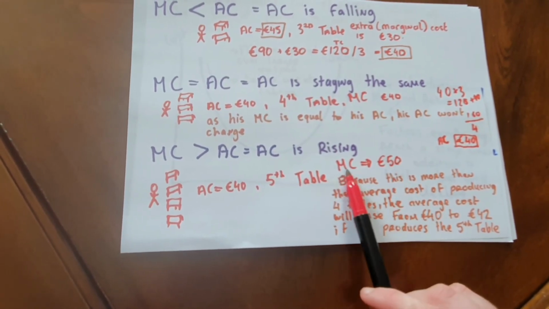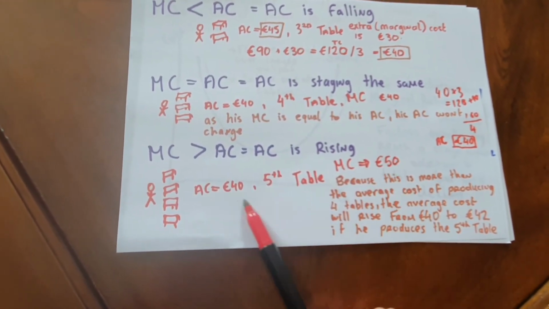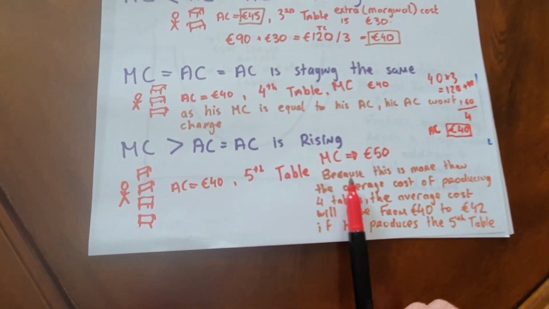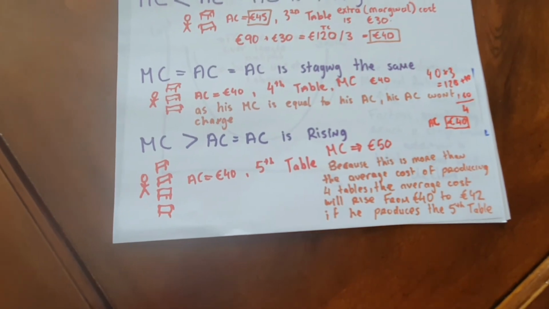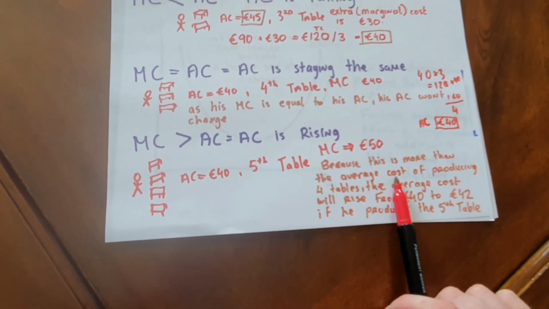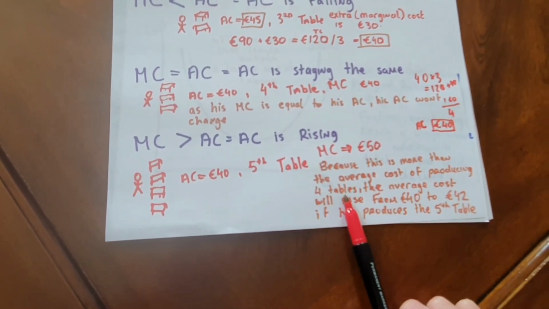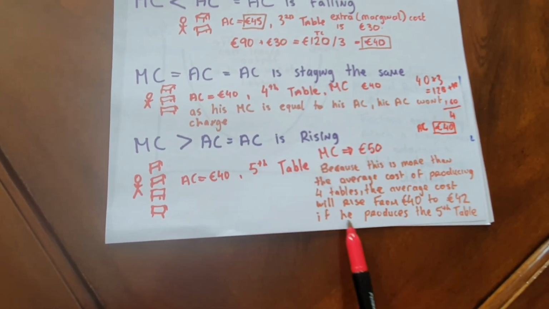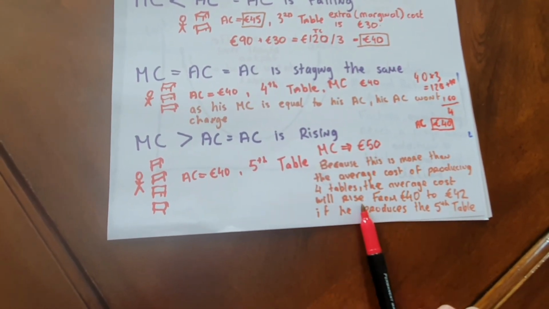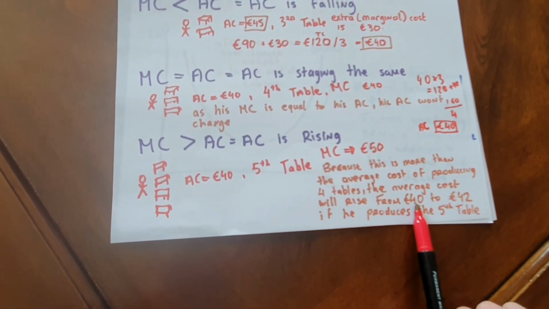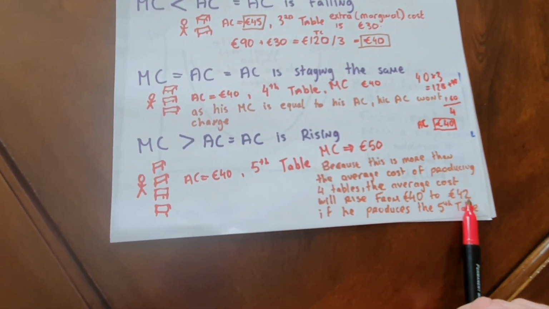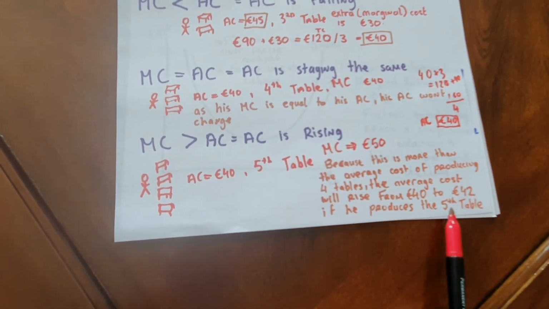So now our marginal cost is greater than our average cost. Should he do it? Well, the average cost of producing 4 tables is €40, so the average cost will rise. If he produces that extra 5th table, his average cost will rise from €40 per table to €42 per table.